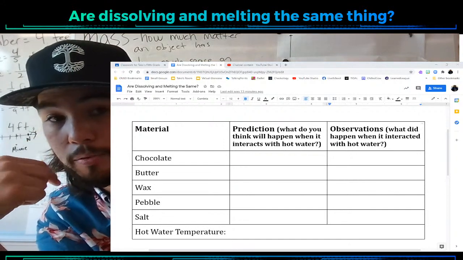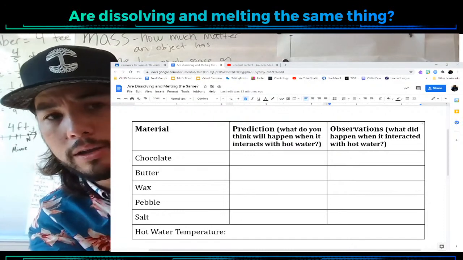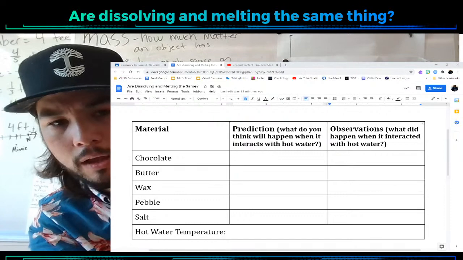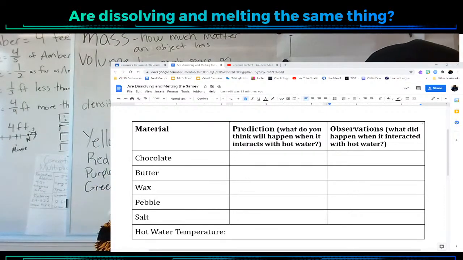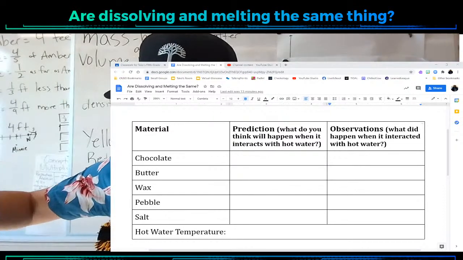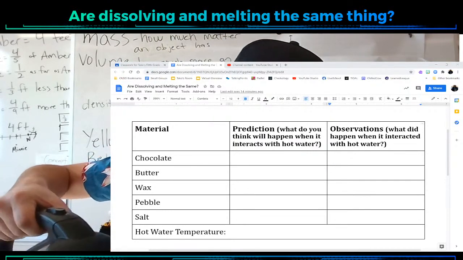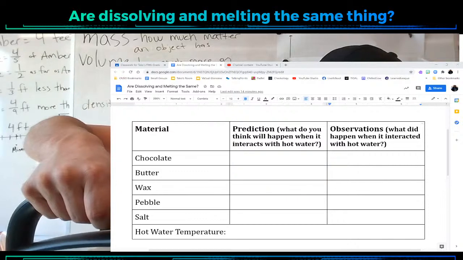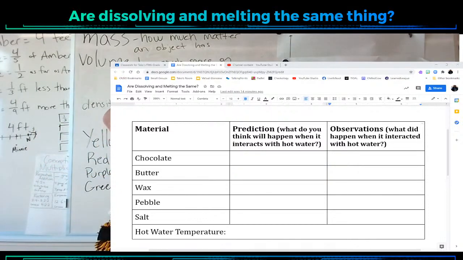What do you think is going to happen when the chocolate and the hot water interact, the butter and the hot water, the wax and the hot water, pebble, salt, etc.? And then that bottom column is the hot water temperature, which I'm going to tell you in just a second once I pour this water. So you should be making your predictions right now while I set this up.